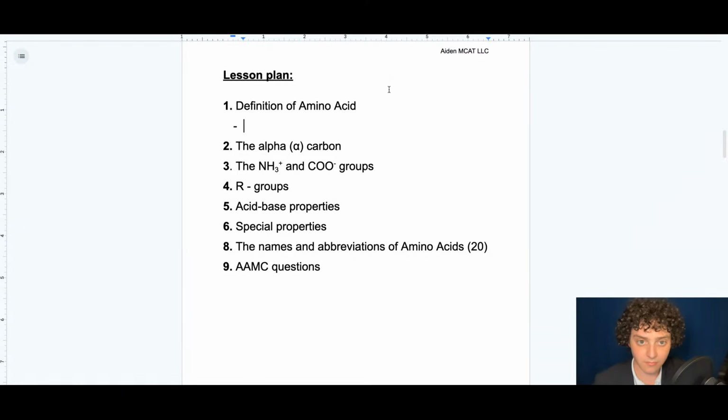So I'm going to try to make this a little bit smaller. Okay, so the importance, protein building blocks, aka monomers.